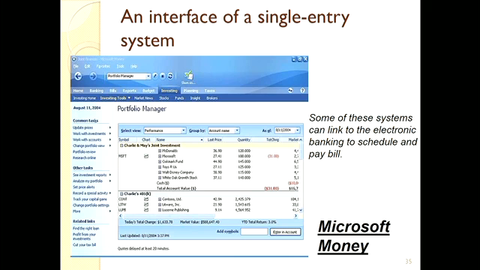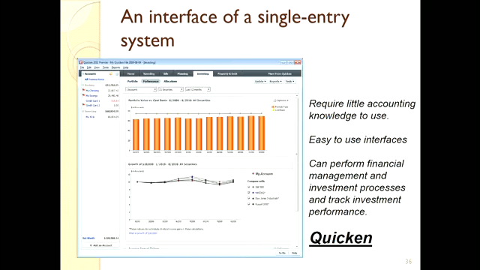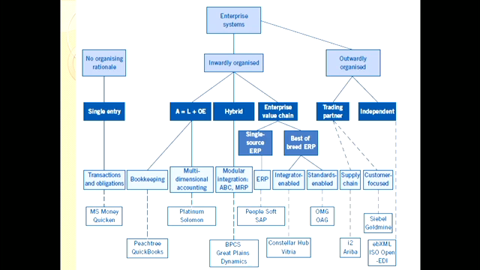So what's a single entry system? It can only be used for recording transactions. A transaction occurs, you type numbers, then the system will help you record those transactions and then prepare ledgers, whatever. So that's it.